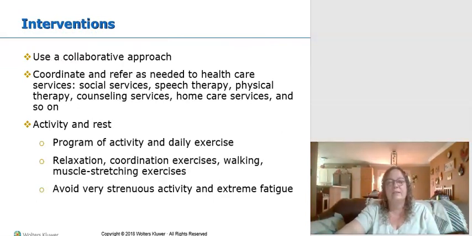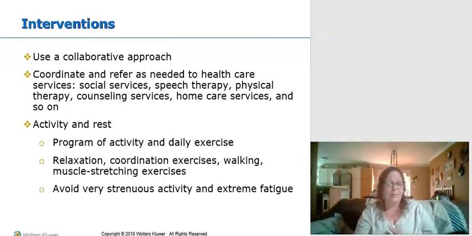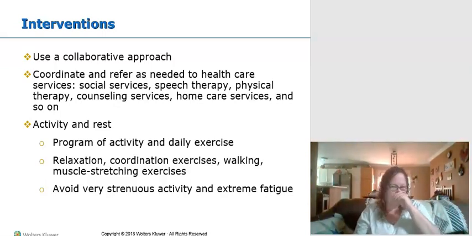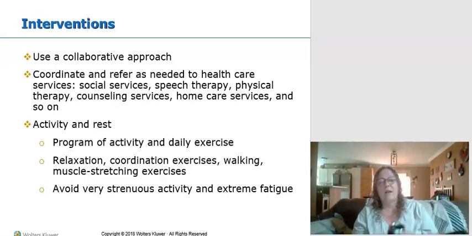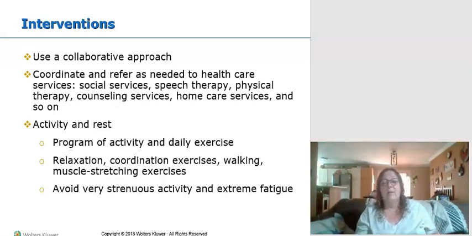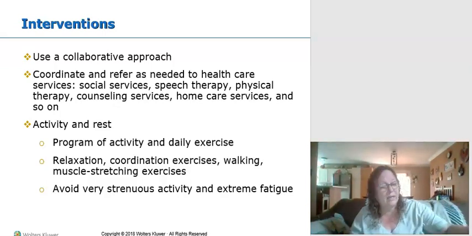So for care, our interventions, we need to use a collaborative approach. Coordinate and refer as needed to healthcare services, social services, speech, occupational therapy, counseling service if they need it. Do they need any home health care, and so on. For activity and rest, we want to keep patients active and independent for as long as possible. So a program of activity and daily exercise, relaxation and coordination exercises, walking, muscle strengthening exercises.